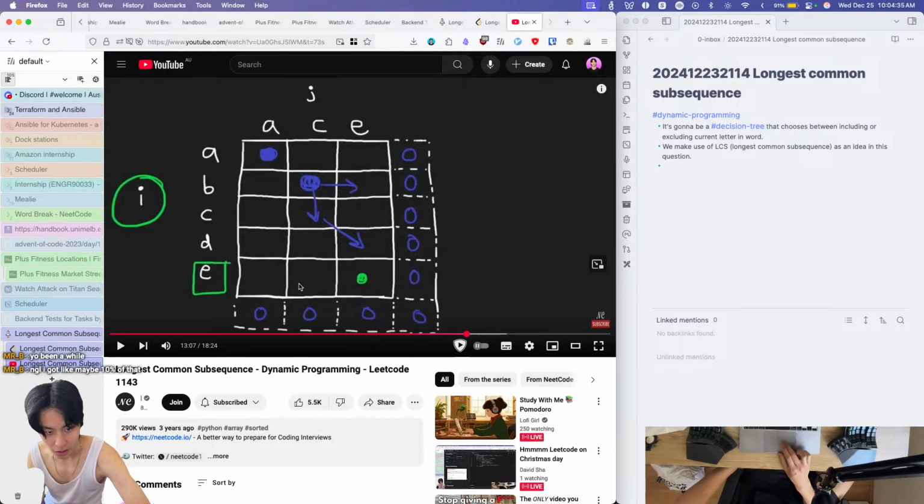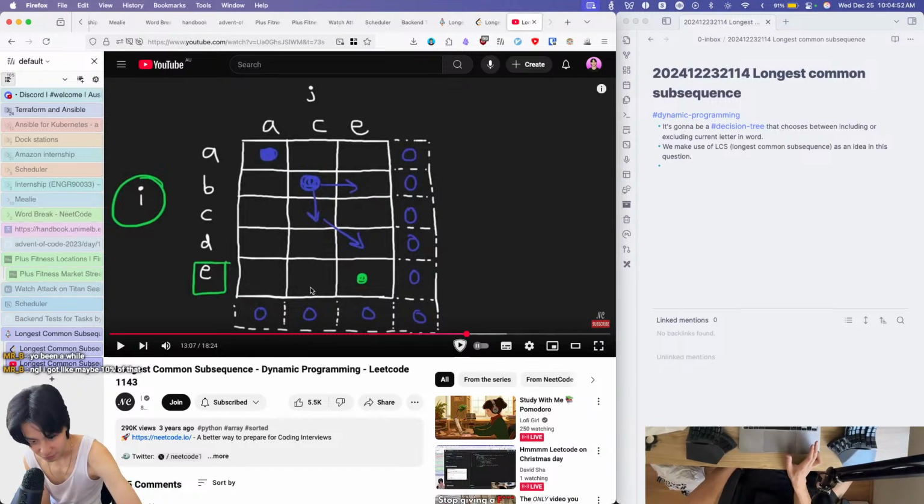And that's true because this specific cell is correct: CE string and E string, the longest common subsequence of that is 1.